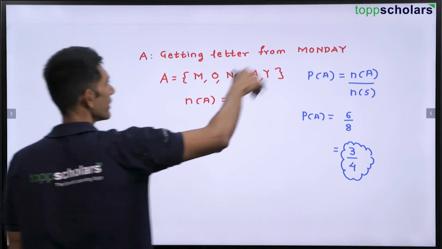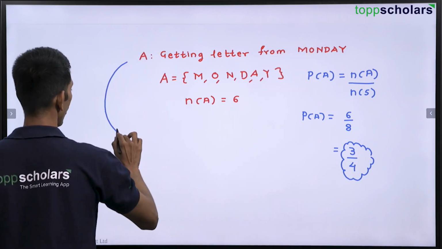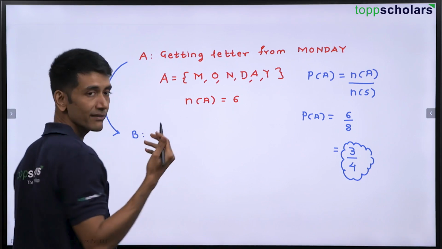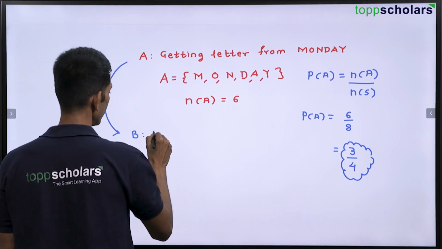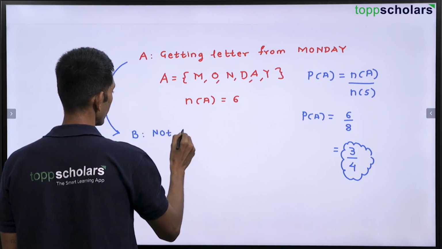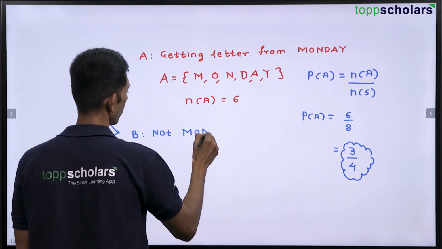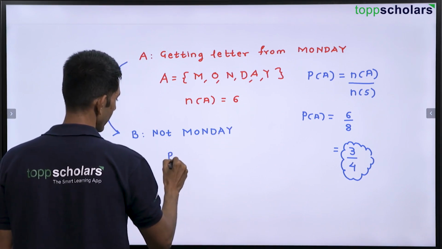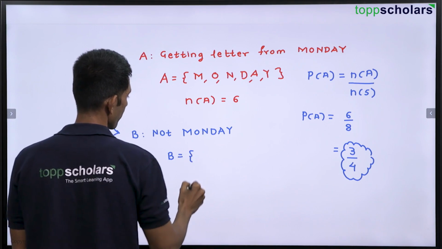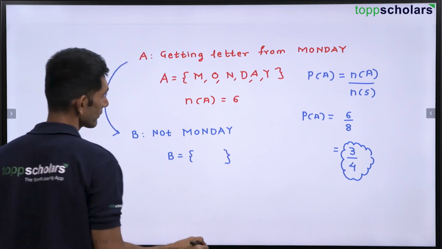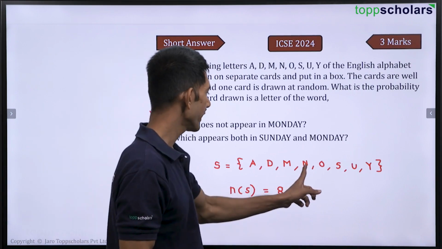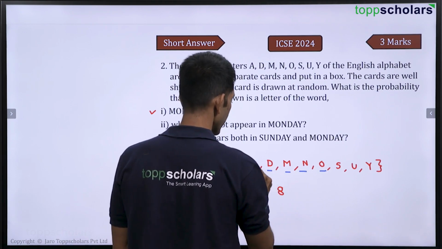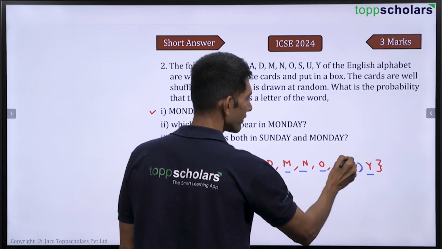Let's talk about the second event, which does not appear in Monday. Okay, so the complement of this. So let event B, or you can say A complement also, right? Let event B be an event of getting a letter not from Monday. So can I say in event B, if I take Monday, M-O-N-D-A-Y, what is remaining?